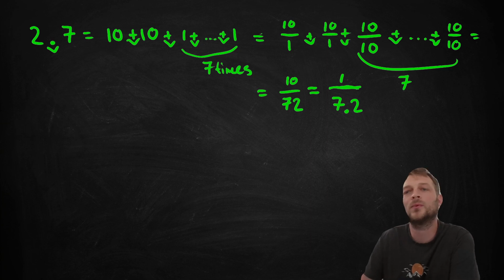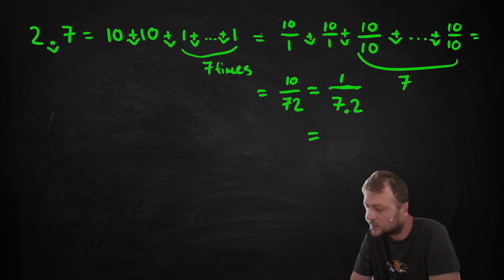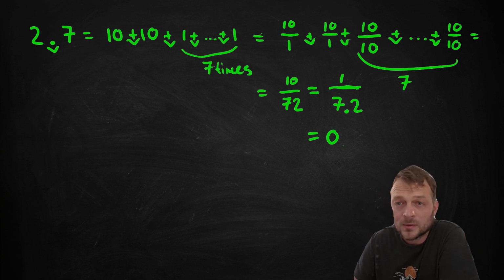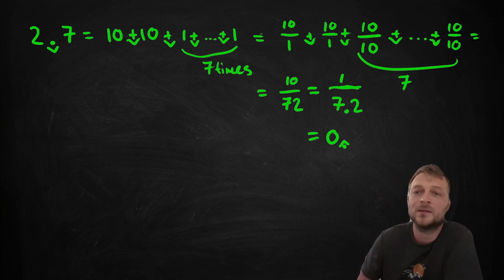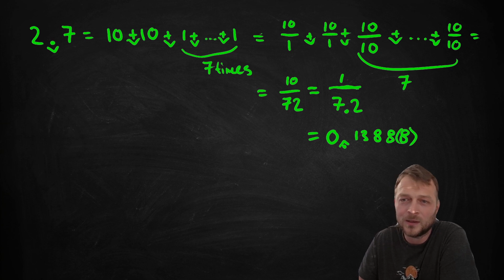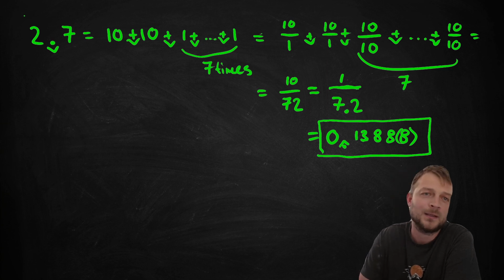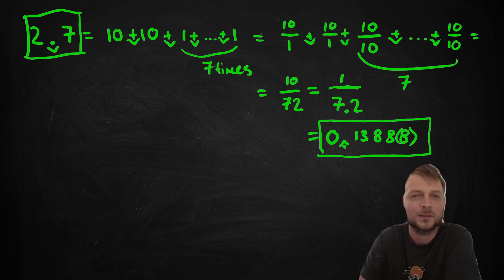And 1 over 7.2 in turn is equal, I have a computation here, to 0.13888 and an infinite number of 8s in standard decimal notation. Okay, so this is standard decimals, and this is the same value represented in dual decimals.